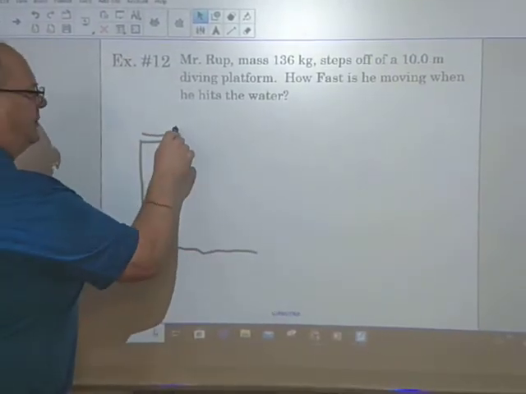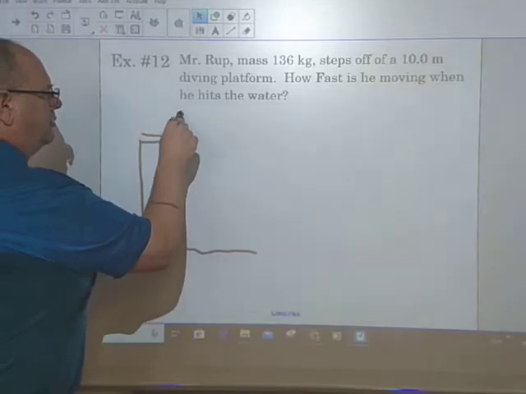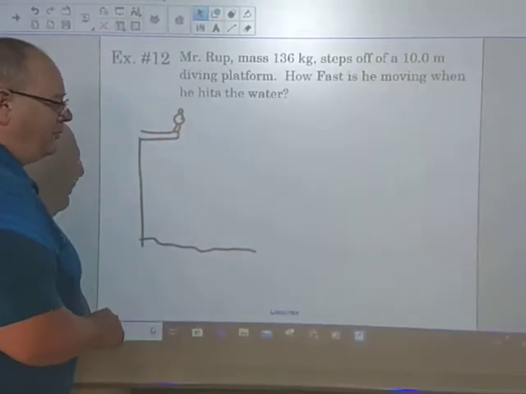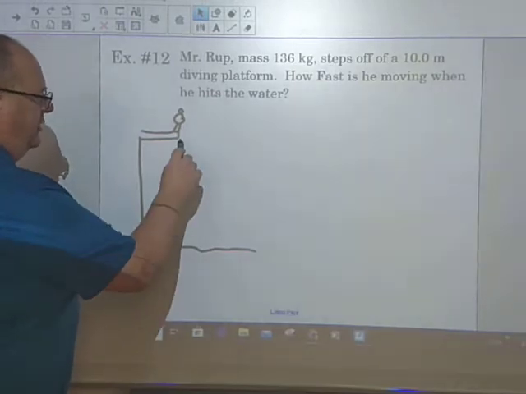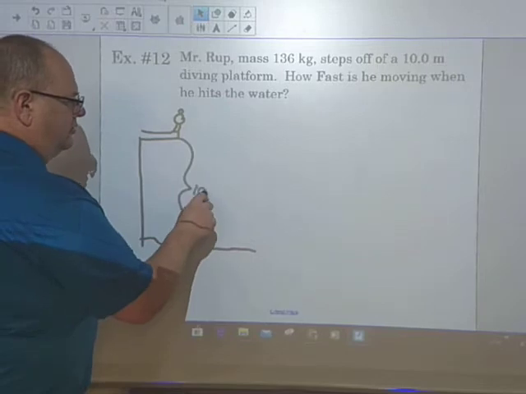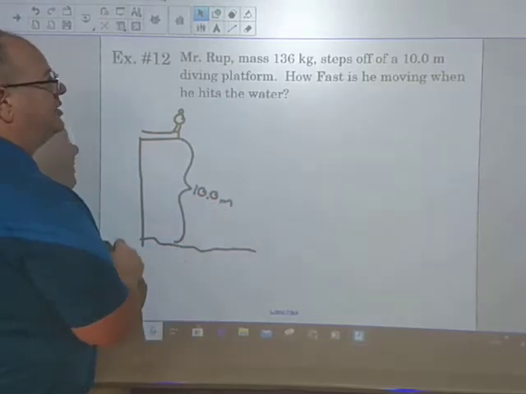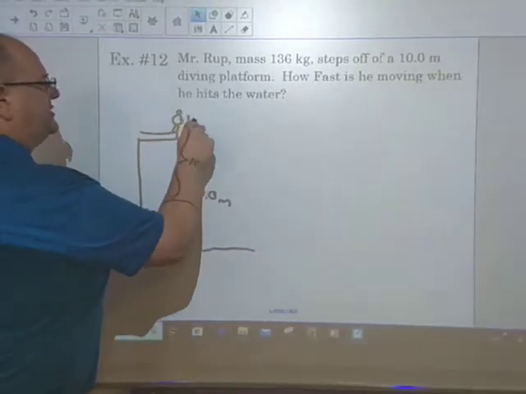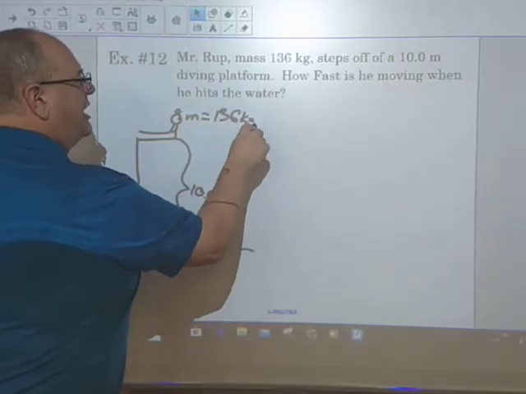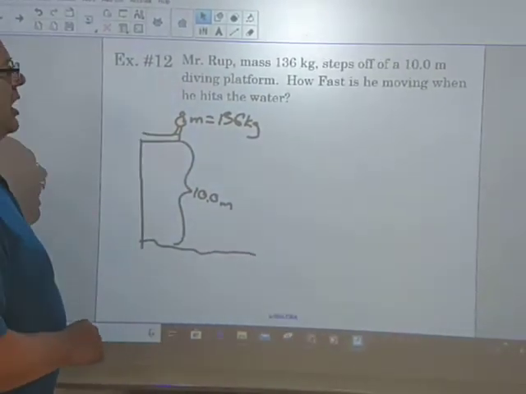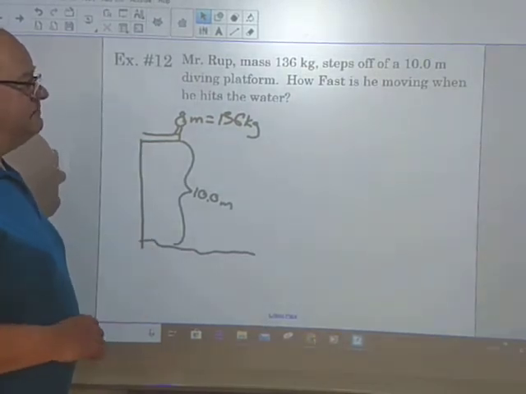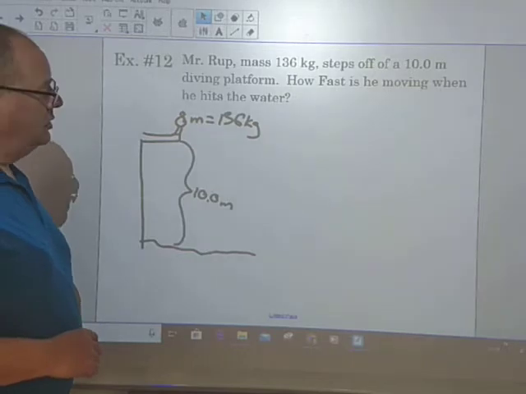So here's Mr. Rupp, and he's going to step off. We know this distance, 10.0 meters. We know my mass is 136 kilograms. Do we have anything else?